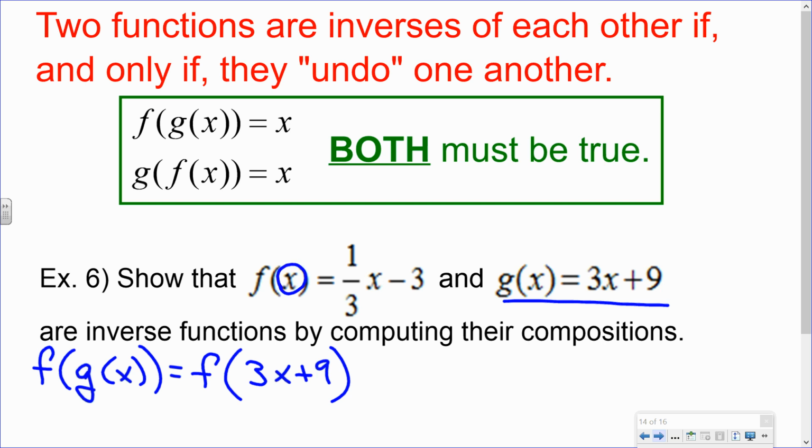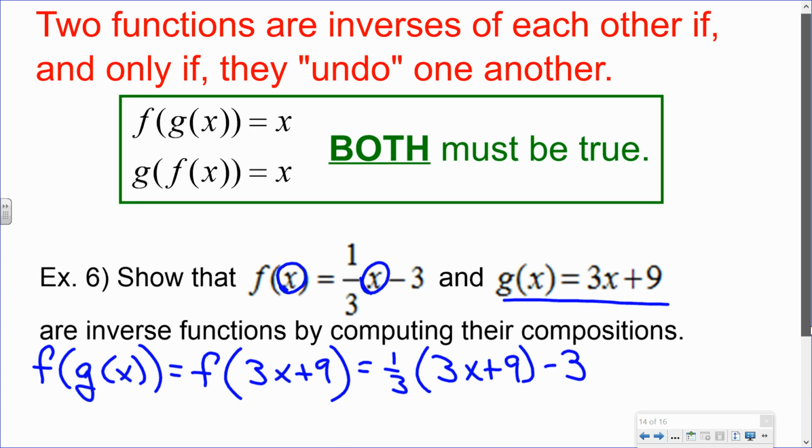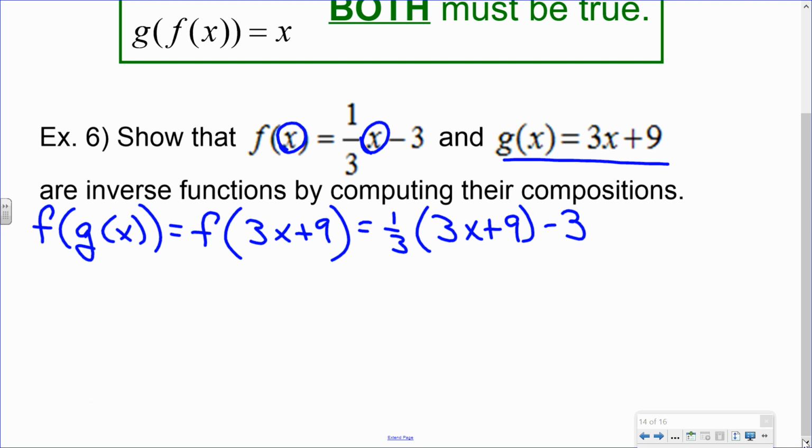So if I put that in for this x, change this x to 3x plus 9, I have to also change that x. So now I have 1/3 times, now that's a 3x plus 9, and then I still have the minus 3. If I distribute, I get x plus 3 minus 3, so that is x. So f of g worked.